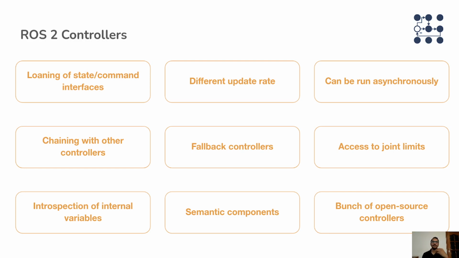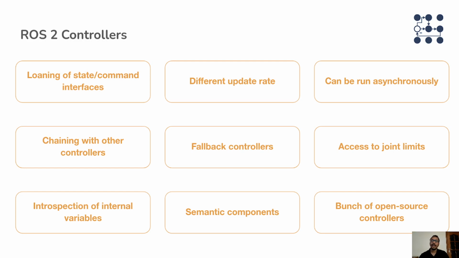Maybe you would like to crash, but maybe softly. You don't want to crash abruptly, right? So you can have a fallback controller. When your main controller fails, it falls back, the fallback controller activates, and then the robot is safe, might be able to safely land.